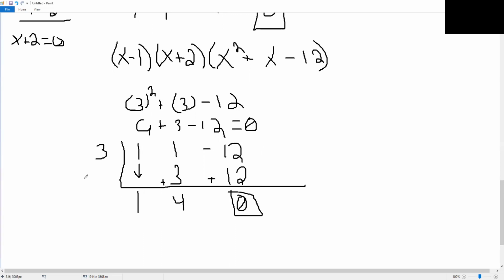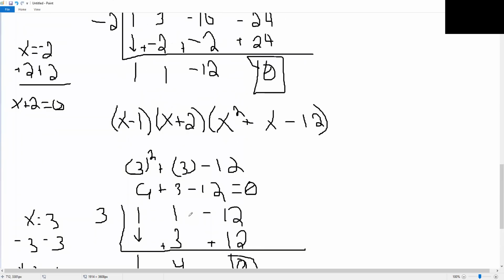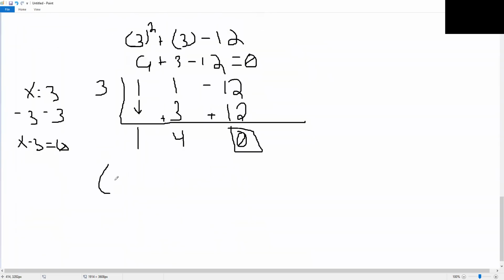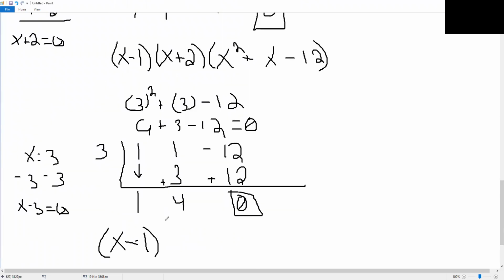So this would be x equals 3. Subtract 3 out of both sides, which gives me x minus 3 equals 0. So what we had was x minus 1, x plus 2, and now x minus 3.